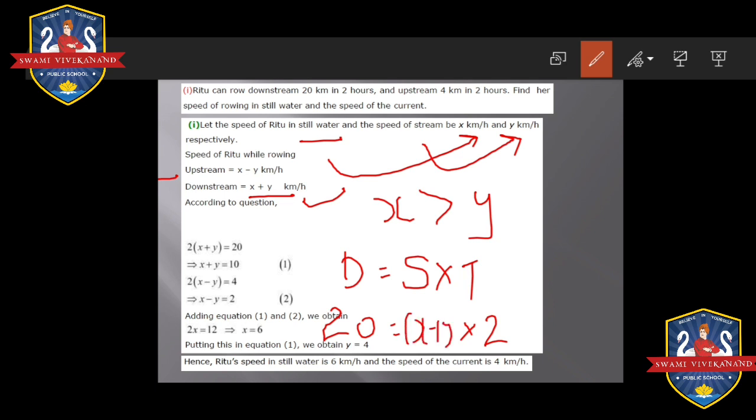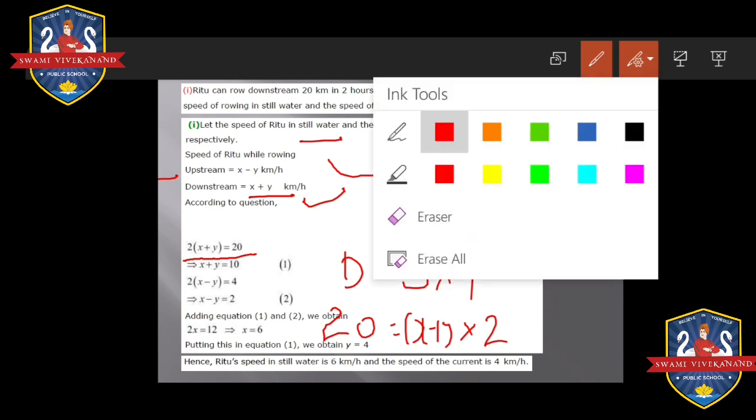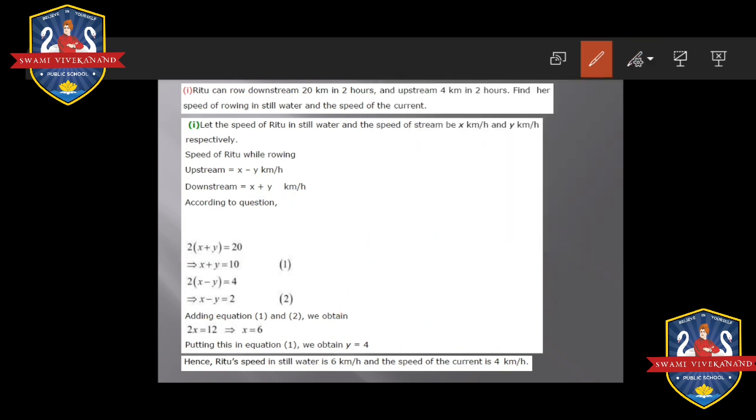This is our equation number 1: 2 bracket x plus y is equal to 20, and we get x plus y is equal to 10. According to our second condition, if we move upstream, we cover 4 km distance in 2 hours. It means that 2 multiplied by x minus y is equal to 4, according to the same formula, distance is equal to speed multiplied by time.